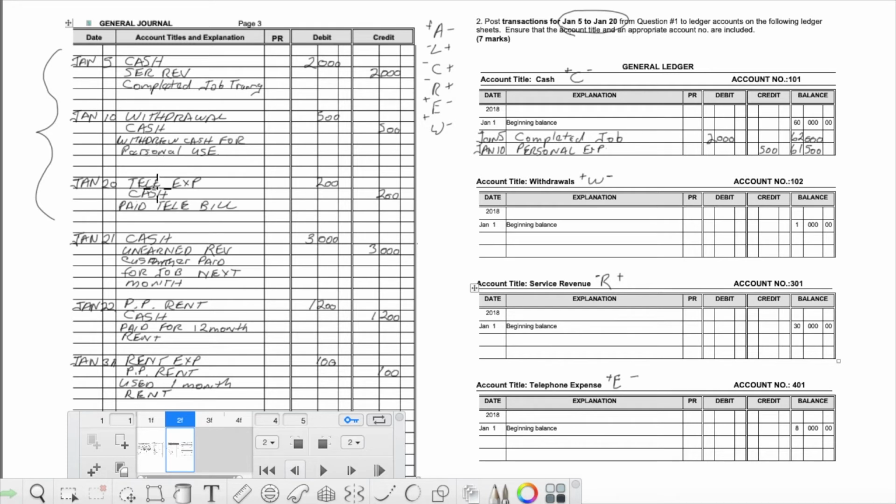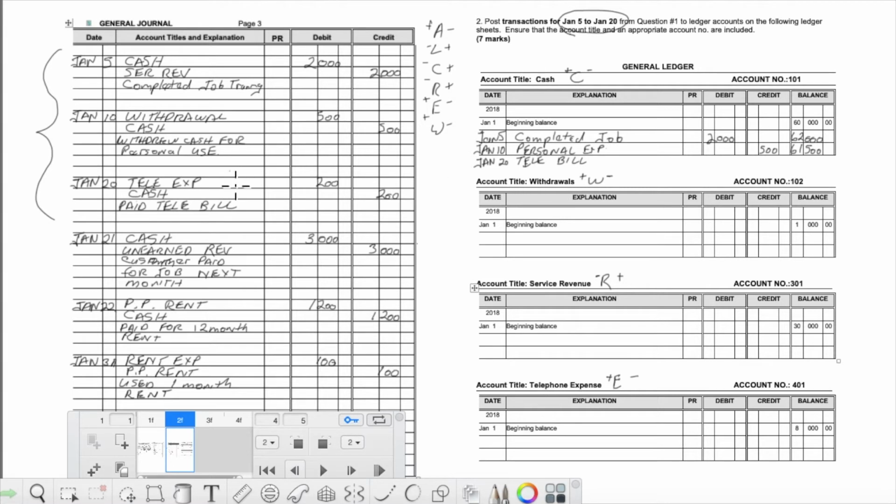Let's see if there's any more cash. Oh, here's one. On January 20th, there was one. I ran out of space, so just right underneath, not a big deal. What was that for? Paid telephone bill. So the reason was a telephone bill.